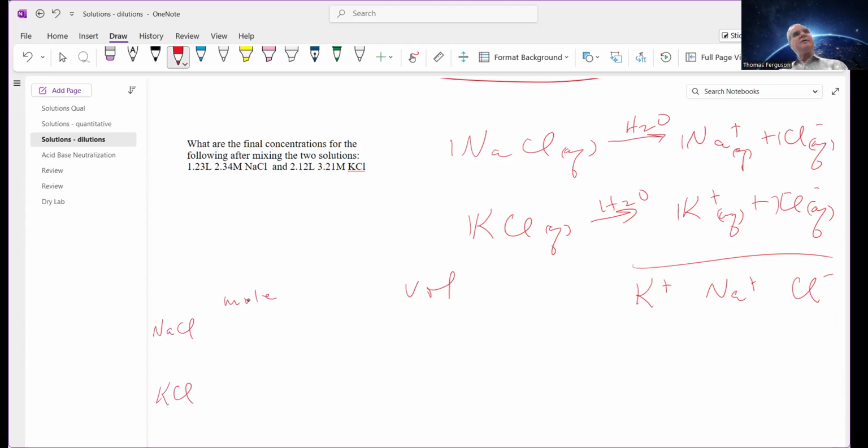So the moles of sodium chloride are concentration times volume. So we've got concentration of the sodium chloride is 2.34. The volume is 123.